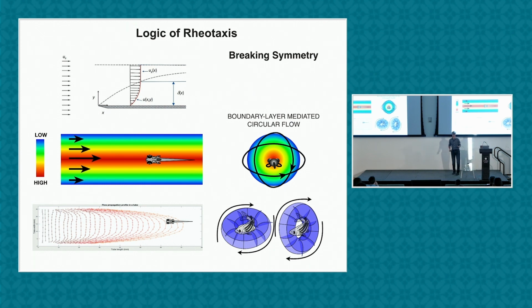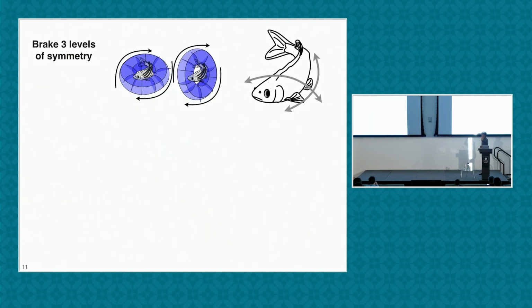This is essentially symmetric. The fish will have to extract inhomogeneities that have a pattern within this flow to be able to perform the task of rheotaxis. So, in other words, to understand this computational problem, we need to understand the steps of symmetry breaking. What are the 3 symmetries that need to be broken?